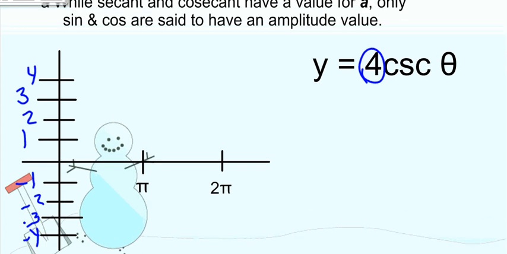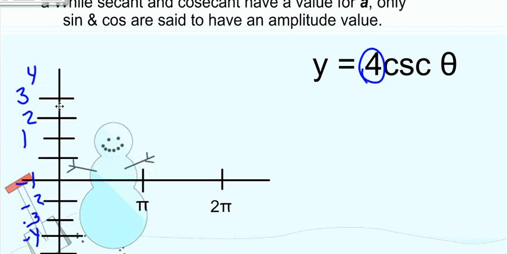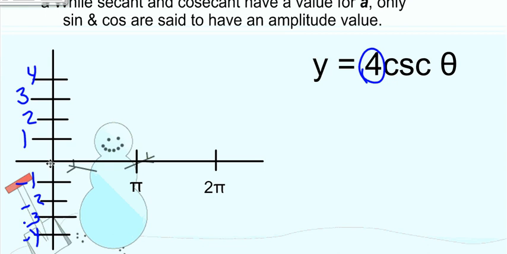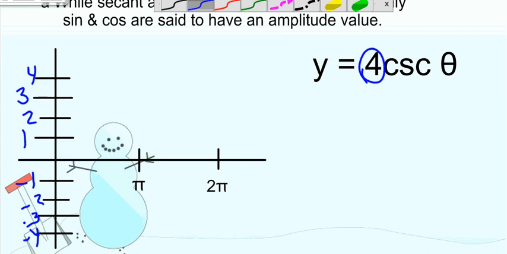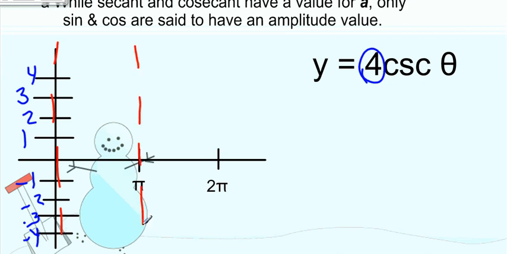And we're doing cosecant, which is opposite of our sine function. So I know that I'm going to have asymptotes at 0, because that is where sine is 0. I'm going to have one at pi and one at 2 pi, again, because that is where sine is 0.